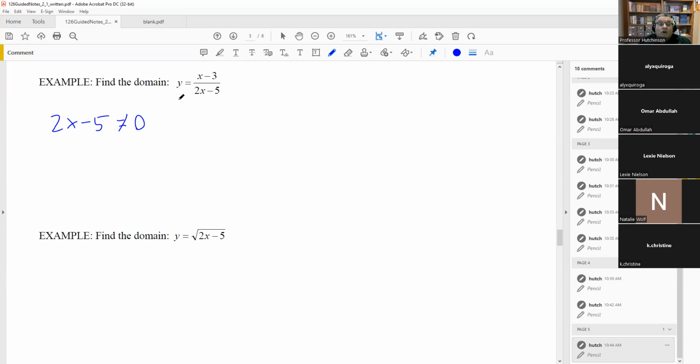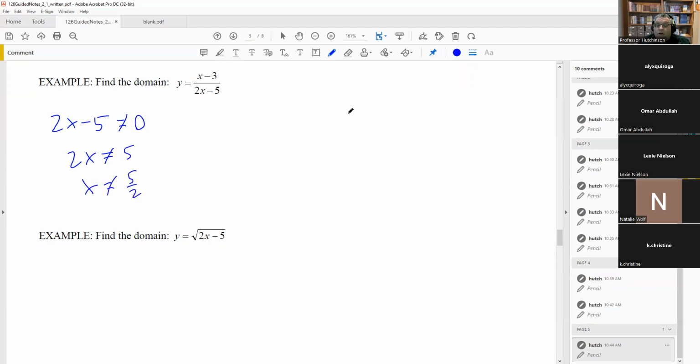So your domain is talking about all the numbers that do not cause division by 0. So by solving this equation, that's going to tell me what number I'm not allowed to include in my domain. So I'm going to add 5 to both sides. I get 2x is not equal to 5, divide by 2.